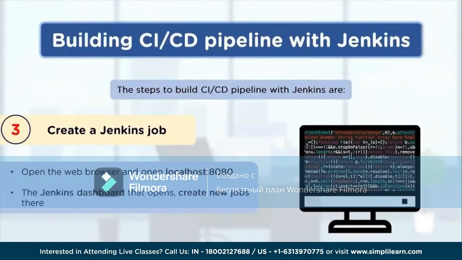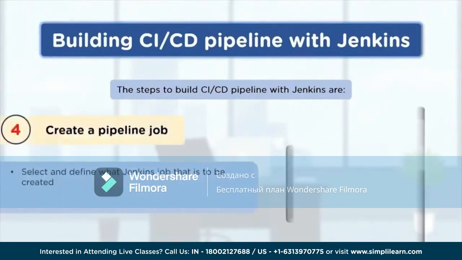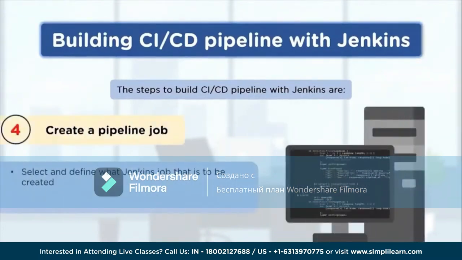So you can put the public IP address colon 8080, and that can also help you access the Jenkins application. Now in there you will have an option called create new job, so you need to click on that. New item, new job, these are different naming conventions available there. Now all you are going to do is proceed with creating the pipeline job. You will have an option called pipeline job over there.